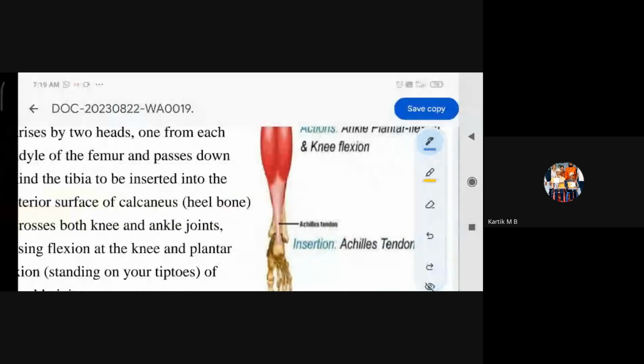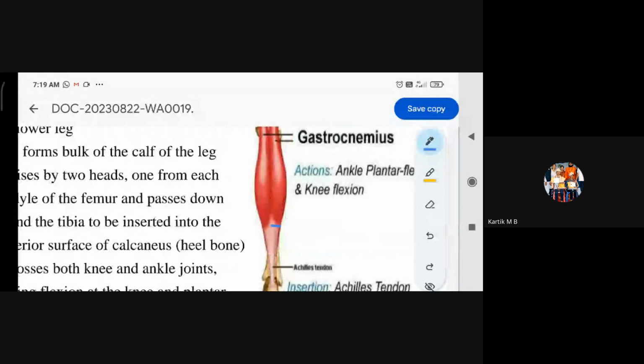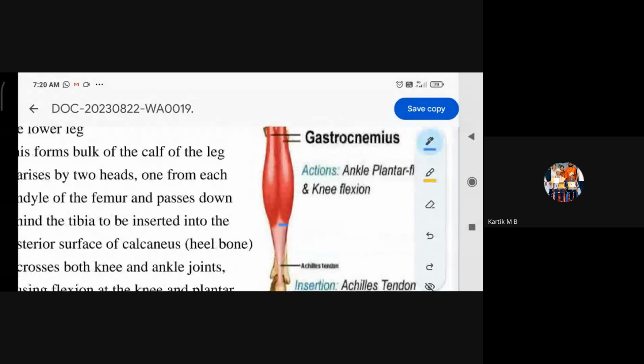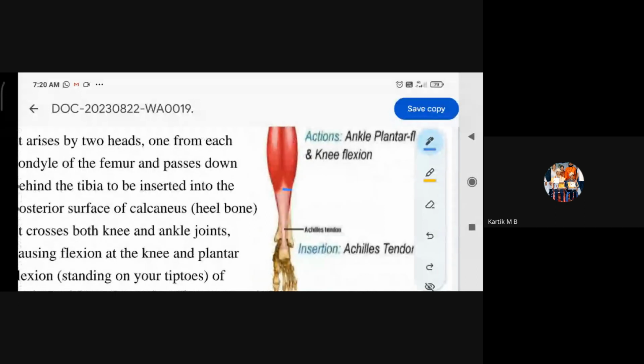Okay. Now here you can see that this muscle is ending here only, and it is joining to this heel bone or calcaneus through this Achilles tendon. So this Achilles tendon is the longest tendon of our body.